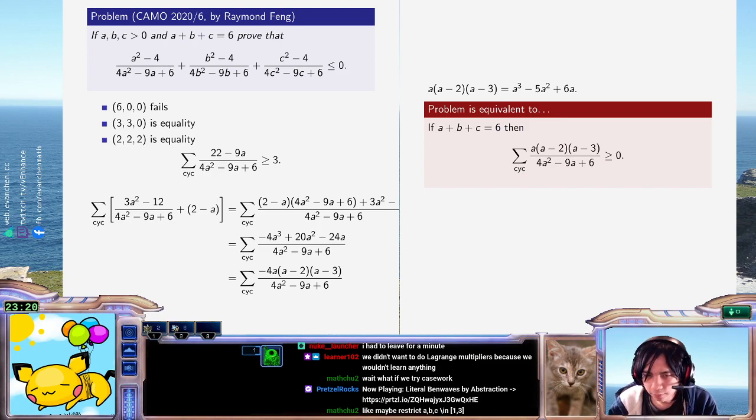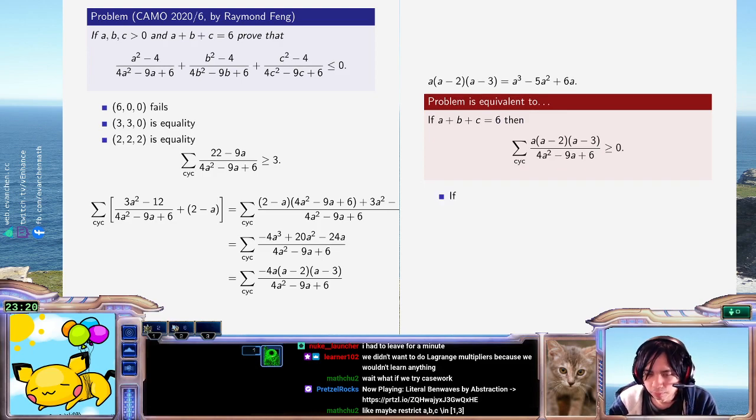So if one negative term, suppose a is in [2, 3], and b plus c. But also, in order for this to have only one negative term, you would need a in [2, 3] and one of them has to be less. There's always one thing less than 2, but let's sort them actually.